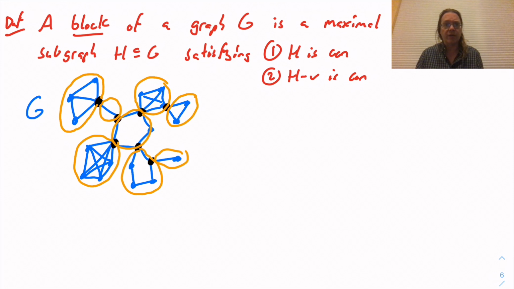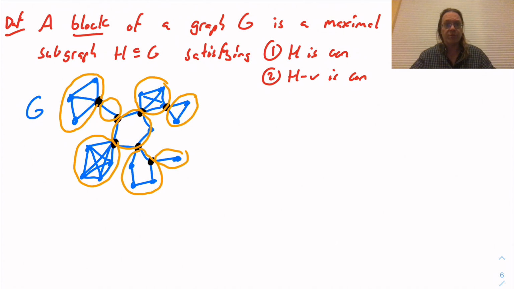Thinking in terms of connected components is very natural for a graph. This is a similarly really nice framework. If you have a graph that's connected but not too connected, we can really understand in what sense it's not too connected and what the 2-connected pieces of that graph are.